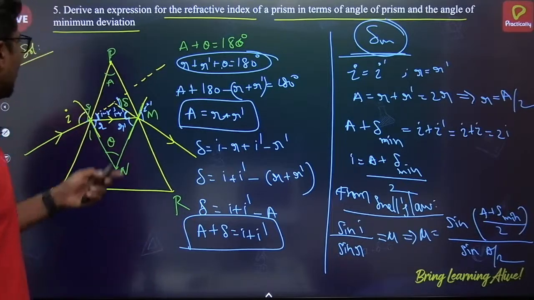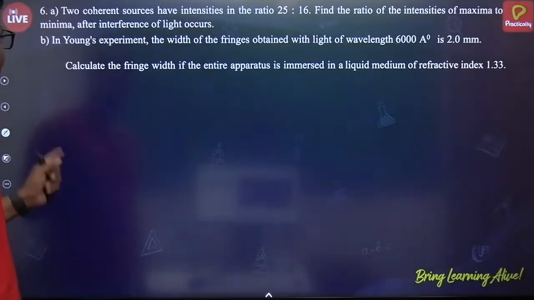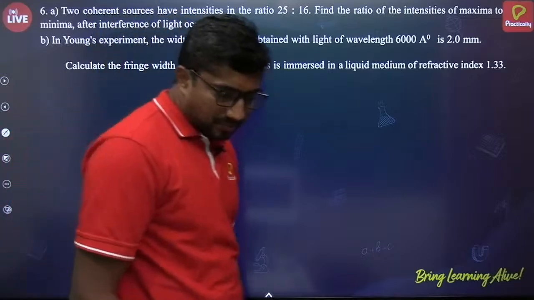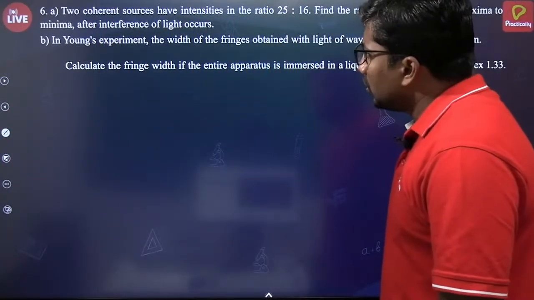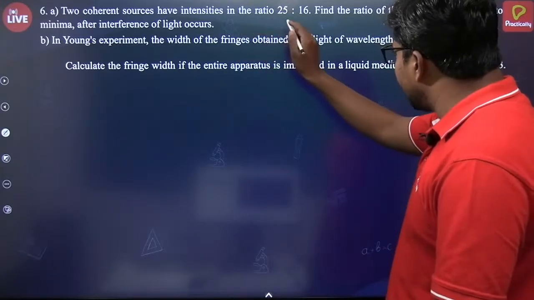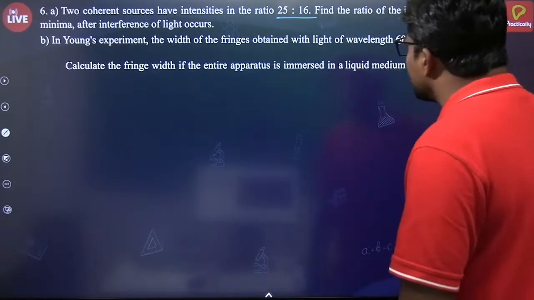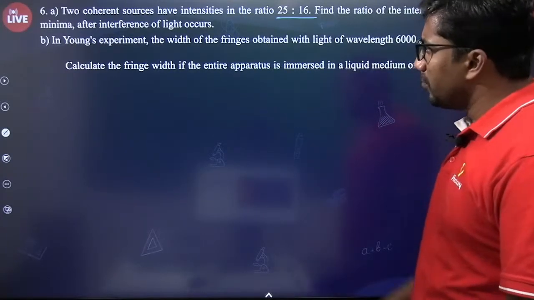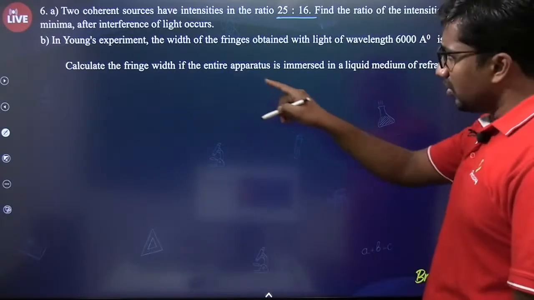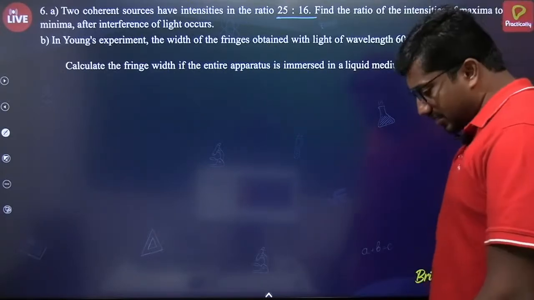Yeah, see here. Question number 6. 6a. Two coherent sources have intensities in the ratio 25:16. Find the ratio of the intensities of maxima to minima after interference of light waves.